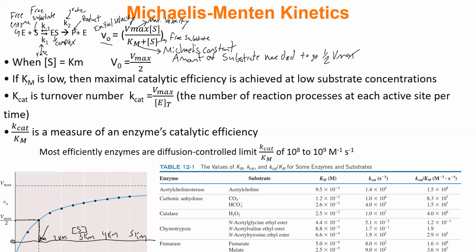So that's why I have this bullet point here that says if Km is low, then maximal catalytic efficiency is achieved at low substrate concentrations. Put it in simpler English, you don't need much substrate to go very fast if you have a low Km.